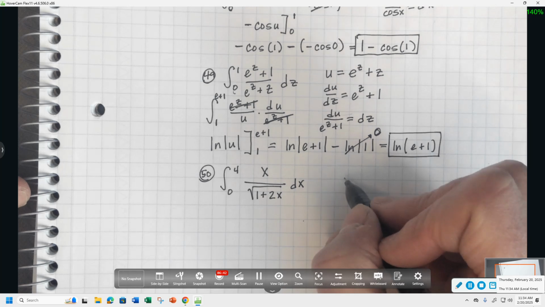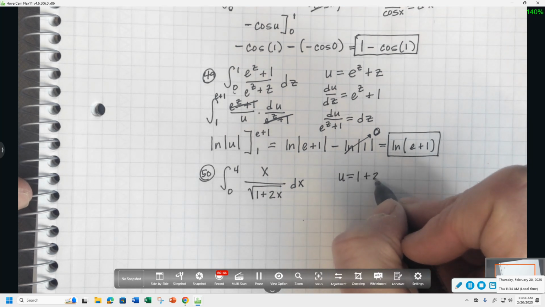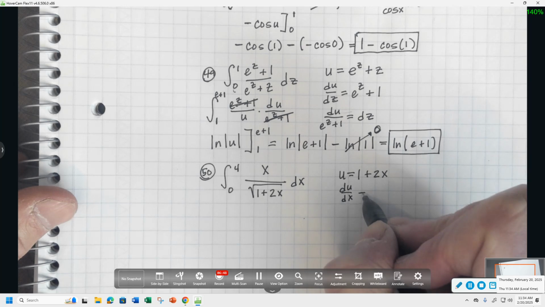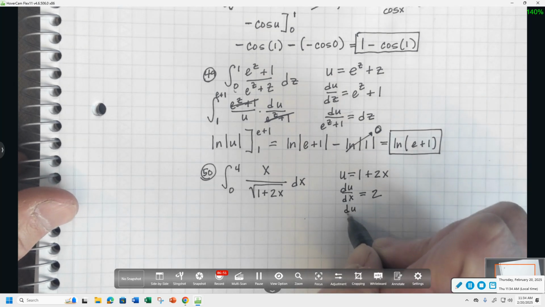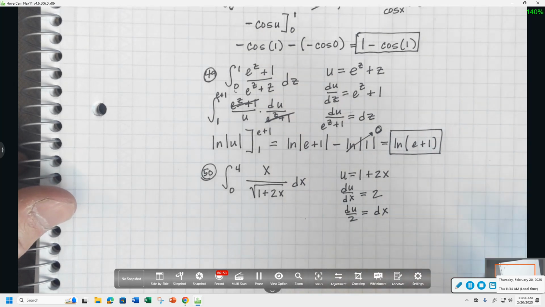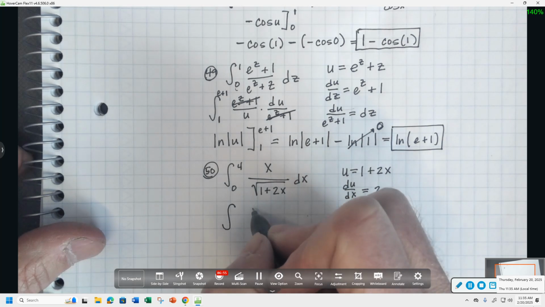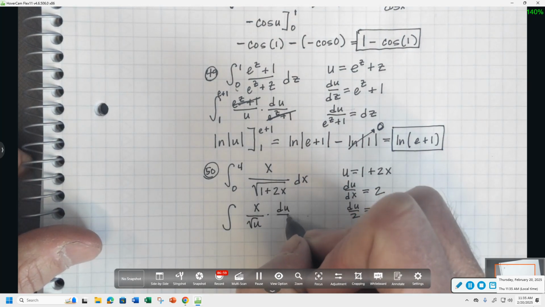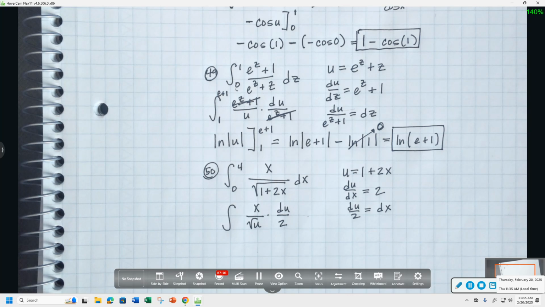Because if I substitute u equals 1 plus 2x, my derivative would just be 2. So I would have du over 2 equals dx. I try and substitute in, I get x over the square root of u times du over 2. How, my friends, am I getting rid of the x?